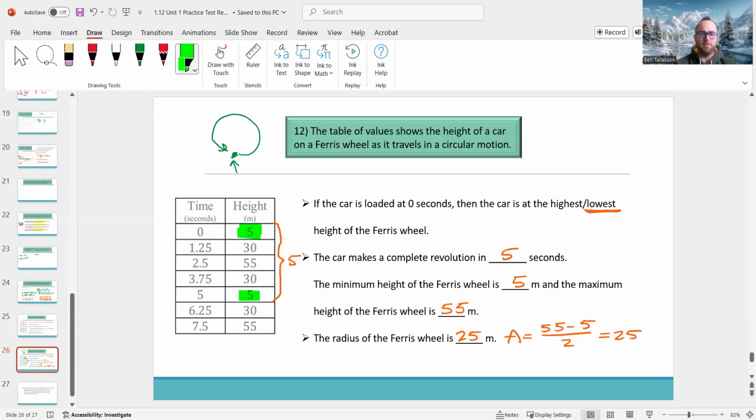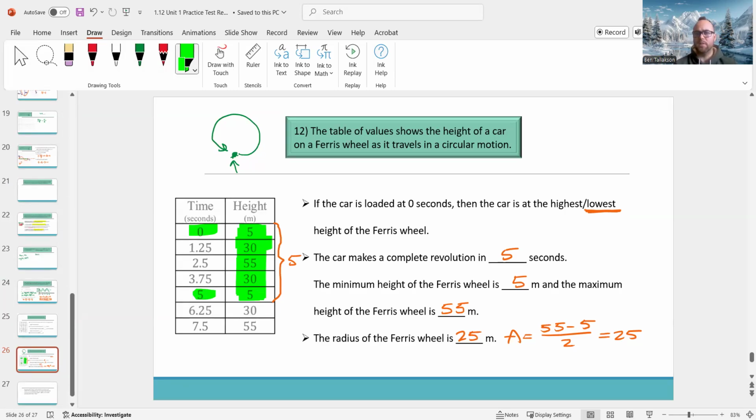Here, 5, 30, 55. There's no more information. It looks like we've identified the part of the pattern that repeats, which would be the period or the cycle. So it took 5 seconds, right? 0 to 5 seconds.